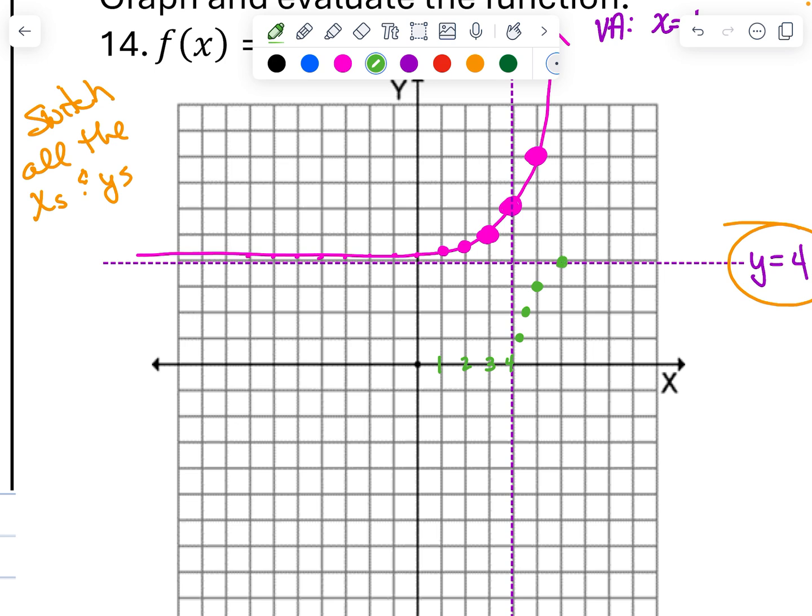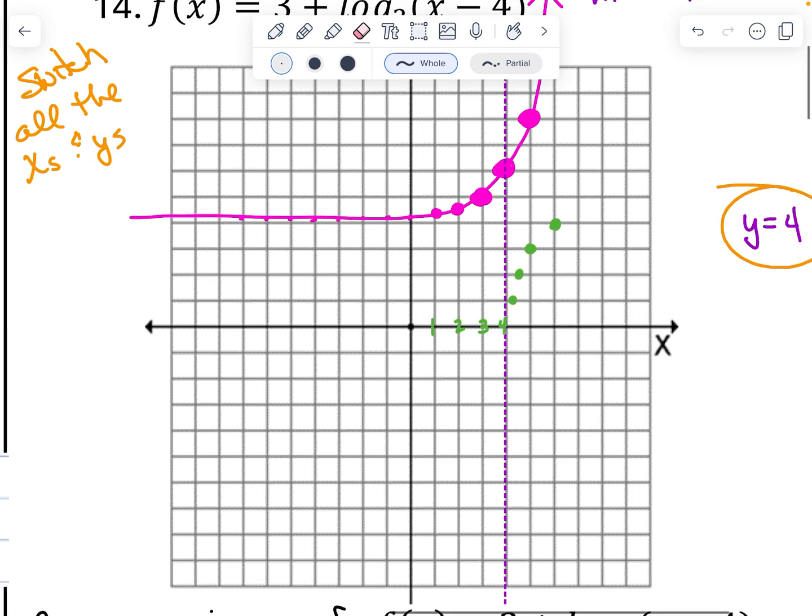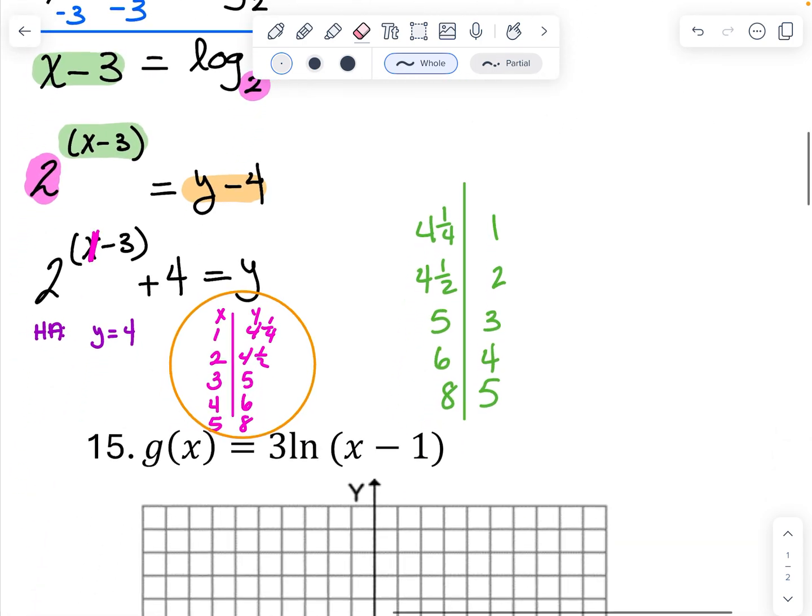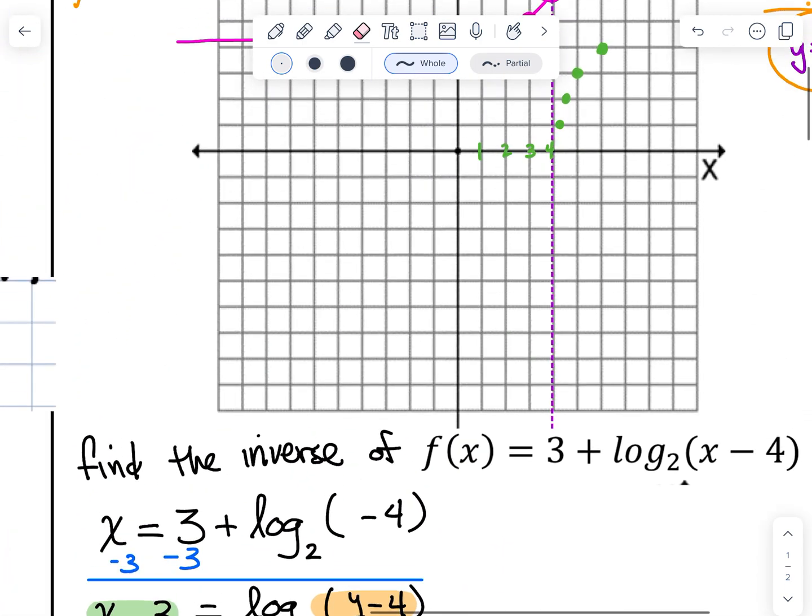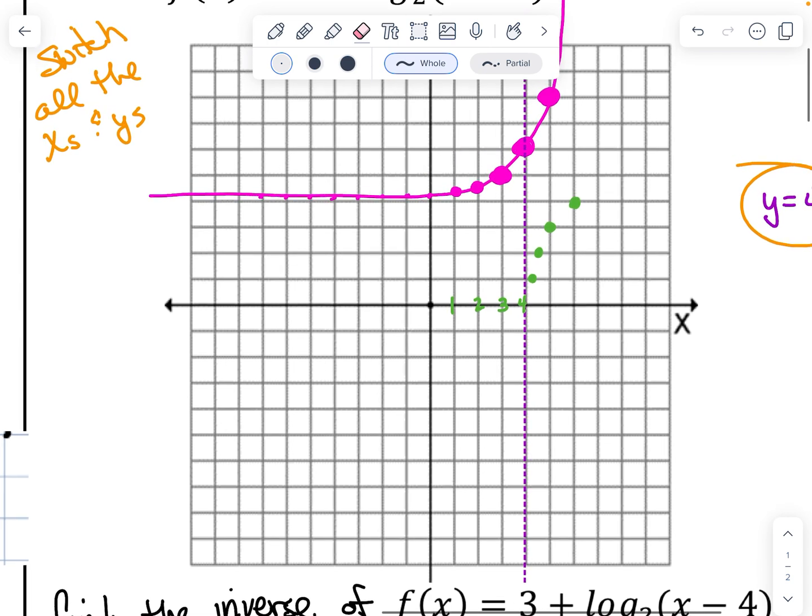And remember, that was the asymptote for the other function, right? Okay, so don't let it bother you now. 8, 5. 5, 6, 7, 8. 1, 2, 3, 4, 5.